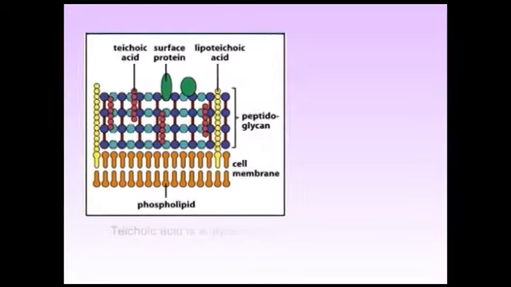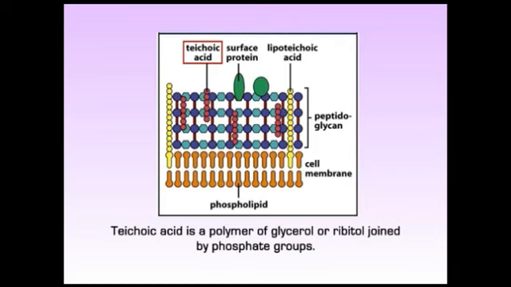Next, we'll come to the gram-positive cell wall. Although the thick homogeneous cell wall of gram-positive bacteria is composed primarily of peptidoglycan, it also possesses a large amount of teichoic acid. So this teichoic acid is a polymer of glycerol or ribitol that is joined by phosphate groups.